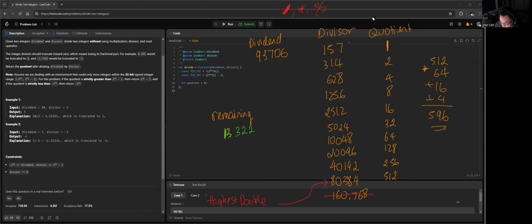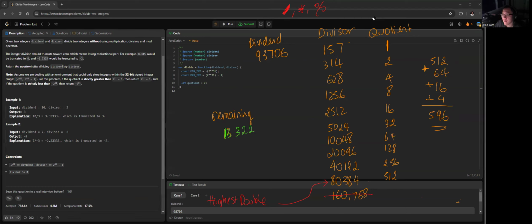Then we can keep dividing this number in half, again and again, until we get to a number that is smaller than our remaining, which is here. And then we can add 64. We can keep going until we get to 16 again, add 16, and keep going.